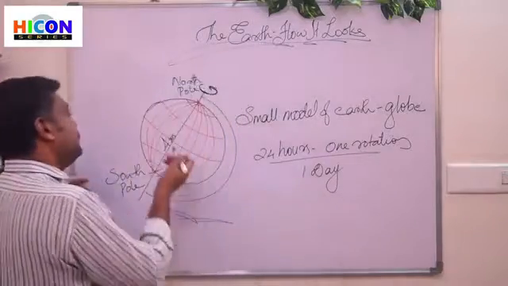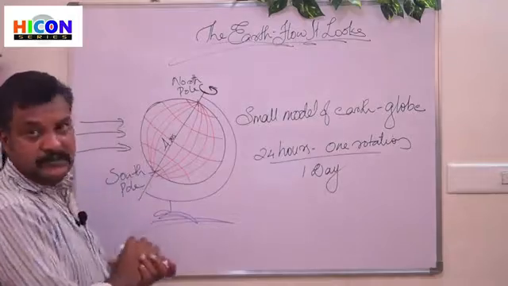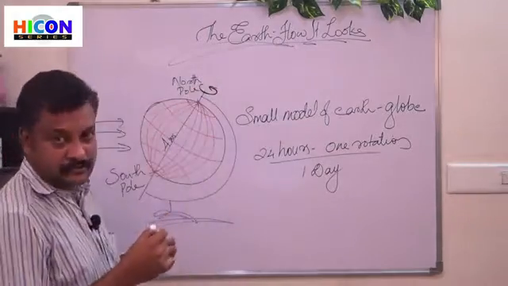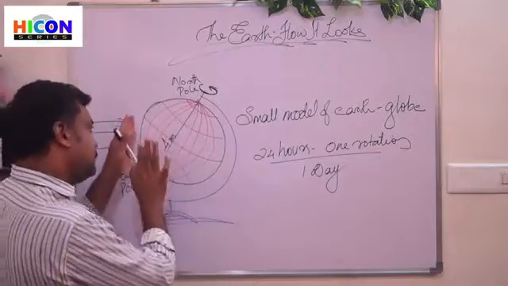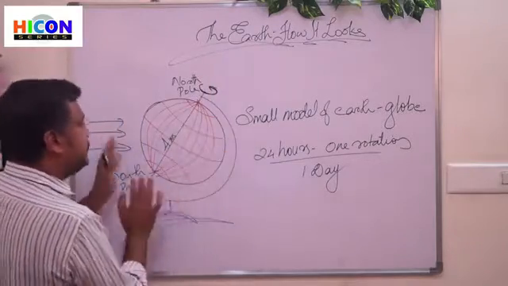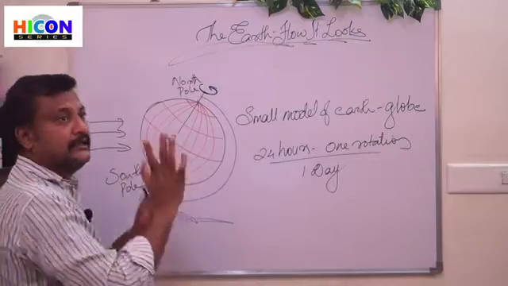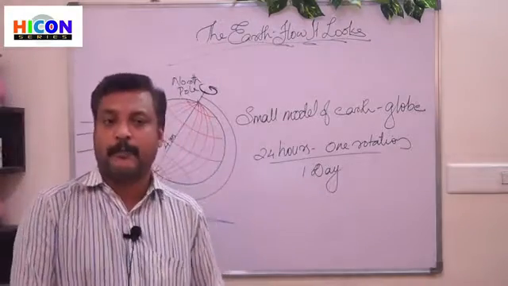During this time, the earth receives light from the sun, and as it moves, this region will be day, and as it rotates, what happens? The other region which is behind this also will come front, and then that region also will have a day.